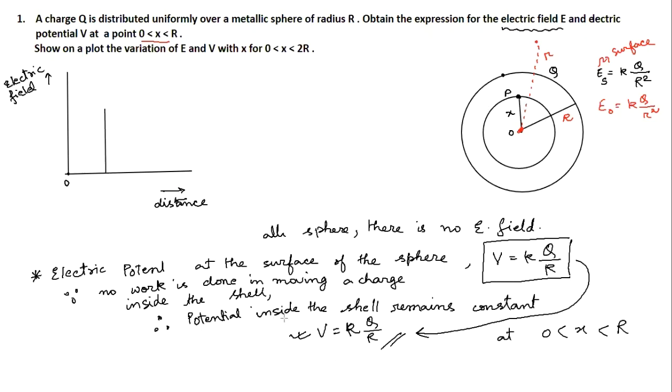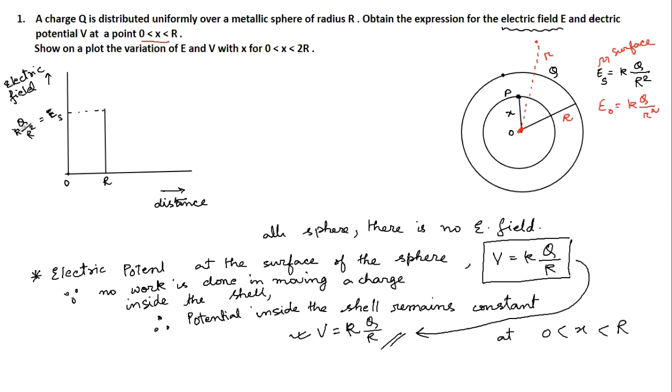Let's say this point is my radius R. So at this point you will have a constant electric field, E surface, which is nothing but kq by R square.